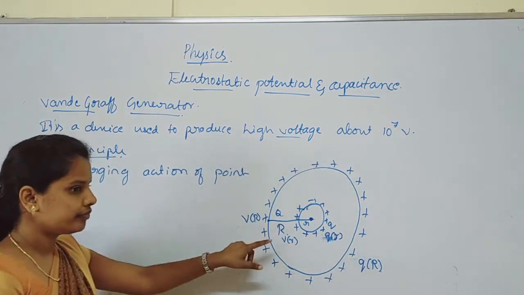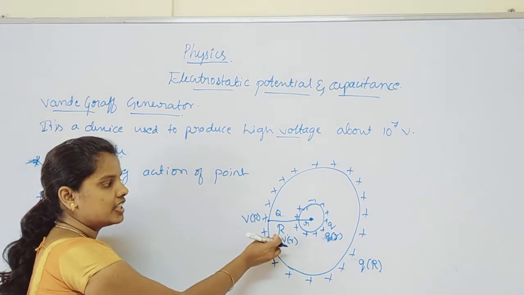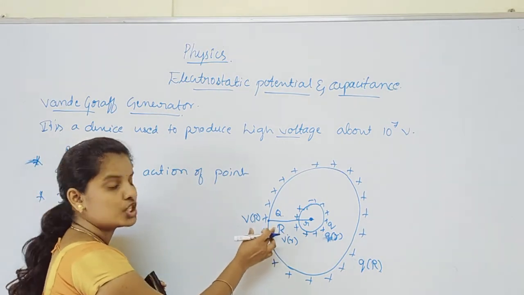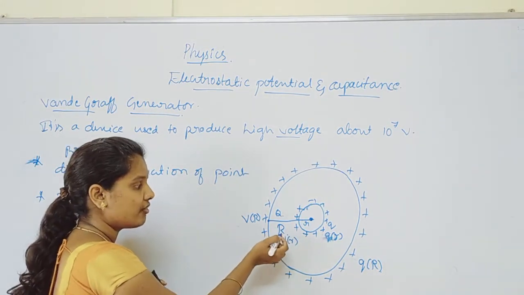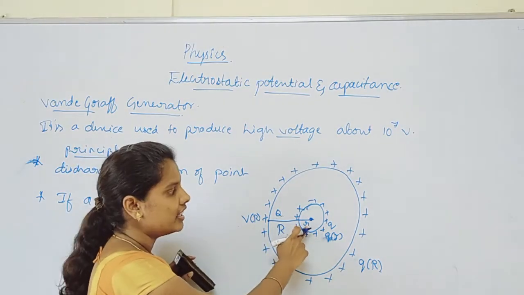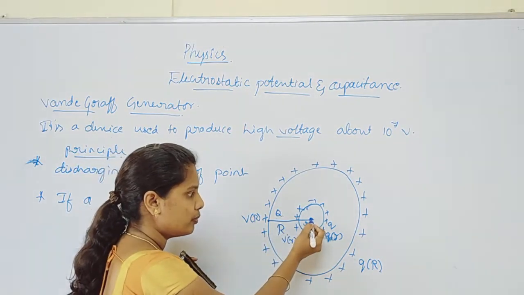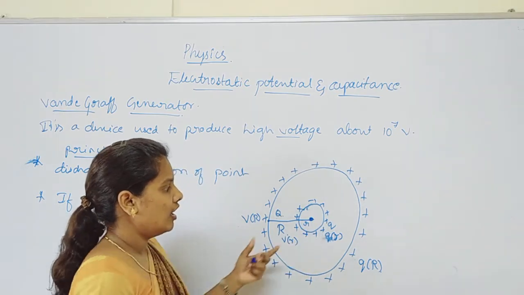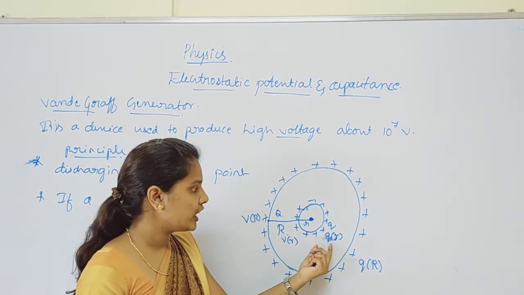So here R is the radius of a shell of charge Q, and small r is the radius of a sphere of charge small q.